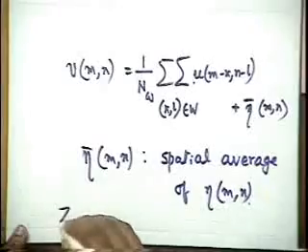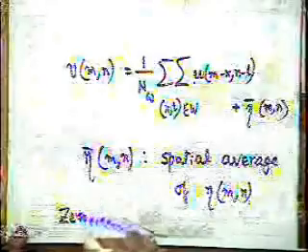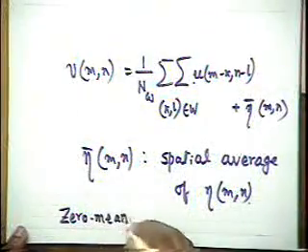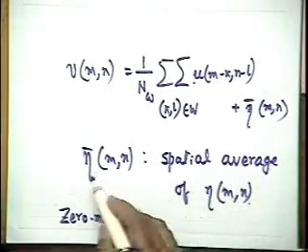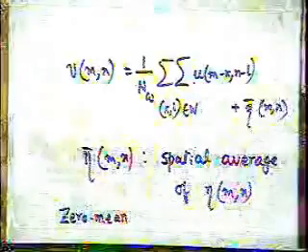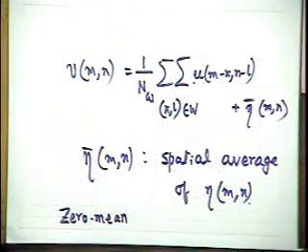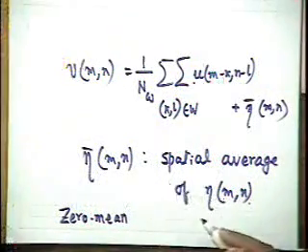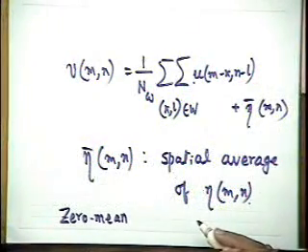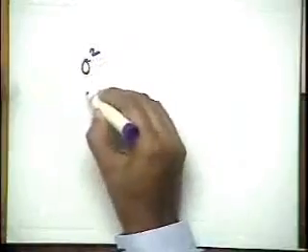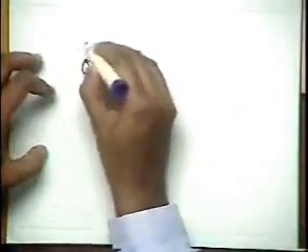Since eta bar mn is the sum of all these noise terms, divided by NW, even the variance also will come down by a factor equal to NW. So I can write sigma square eta bar.